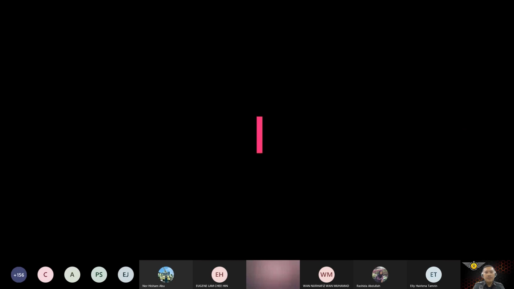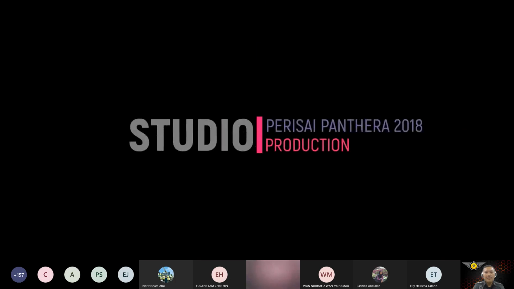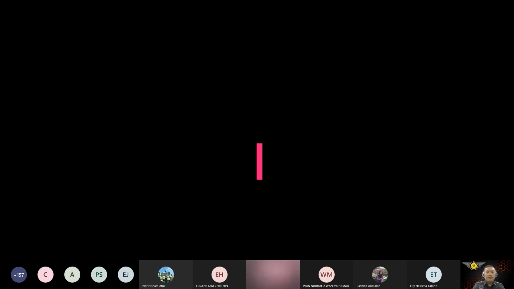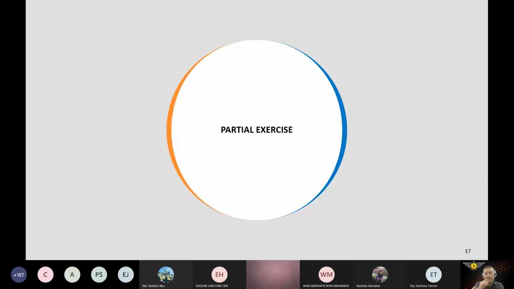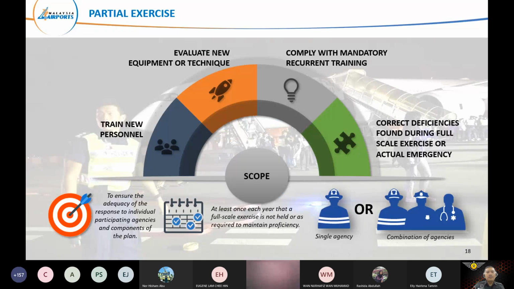So this is the big picture of the exercise. Okay, that is about tabletop exercise. So we go to partial exercise, as mentioned in Annex 14 as well as ASM Part 7.